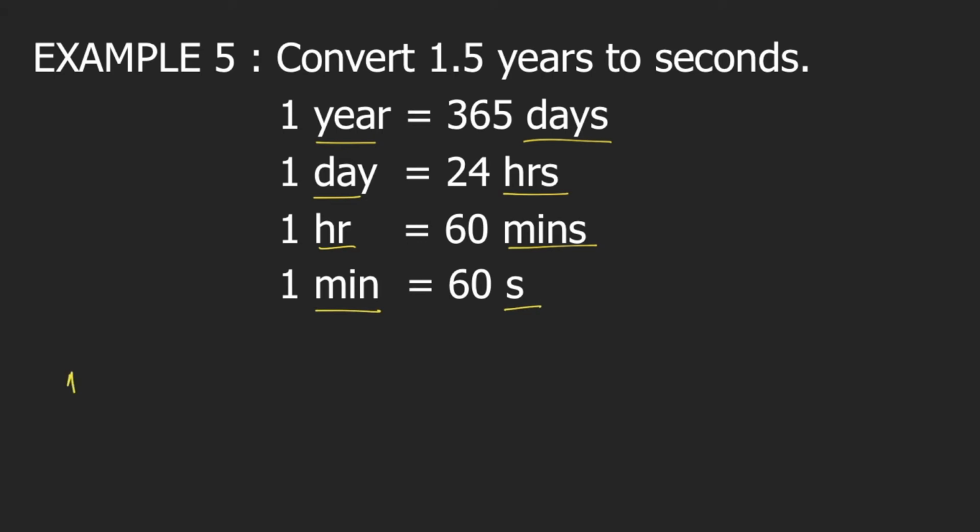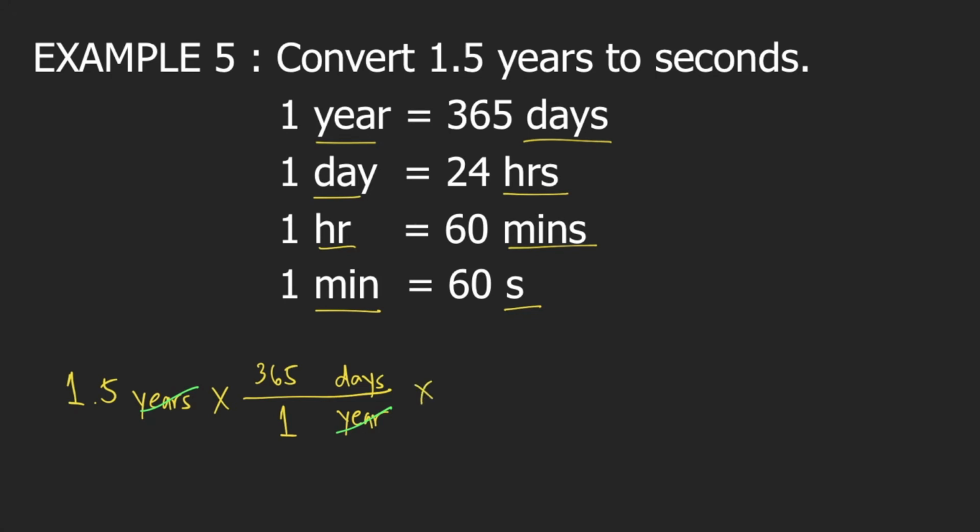So we start with 1.5 years. To convert years to days, you put year on the bottom and on top you put days. And 1 year is equivalent to 365 days. So years will cancel. Now you have days.